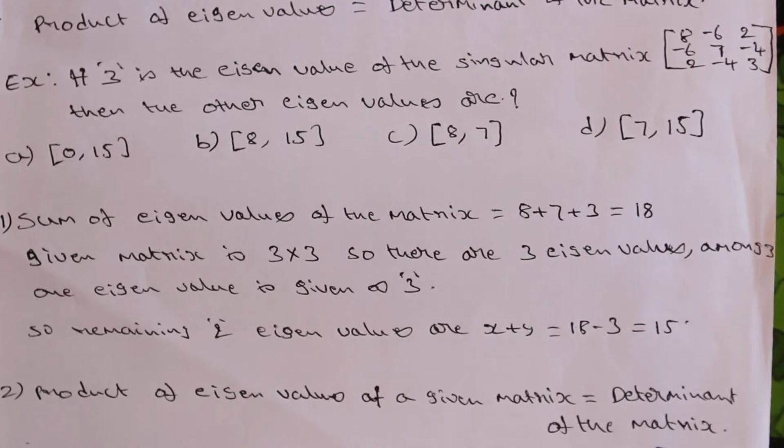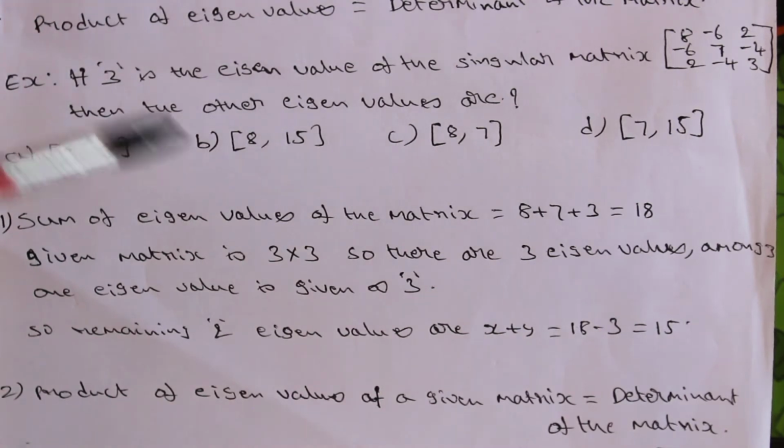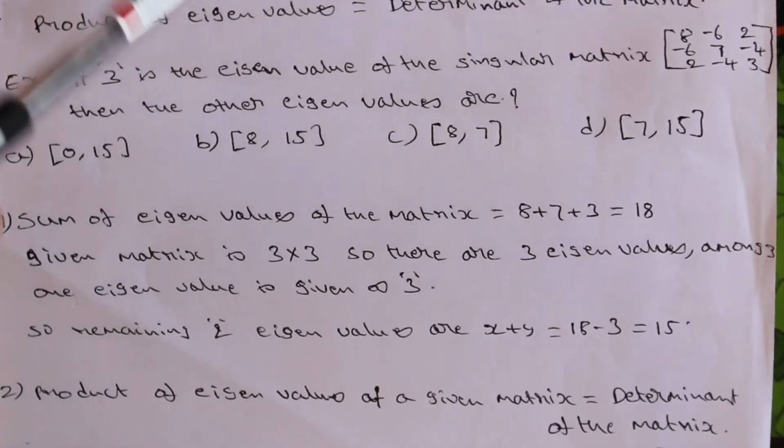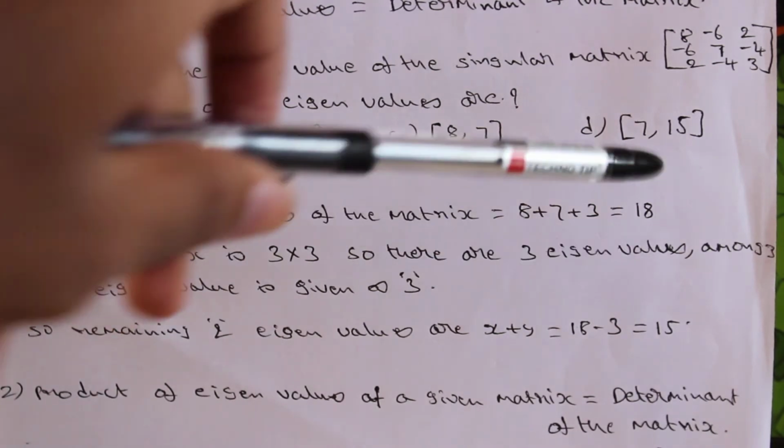As explained just now, the first point is that the sum of the eigenvalues is the sum of the diagonal elements of the given matrix.